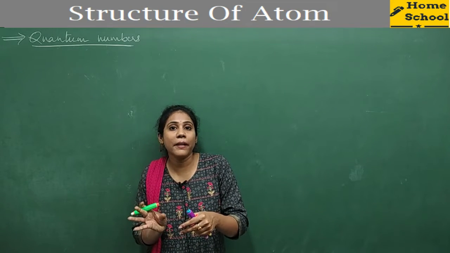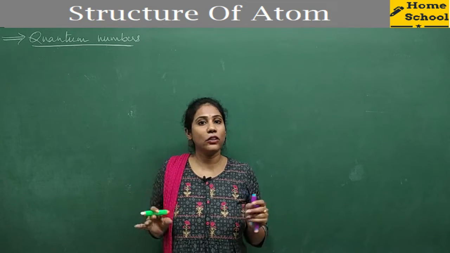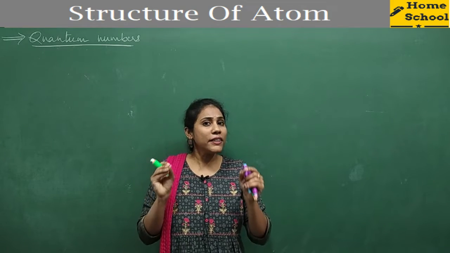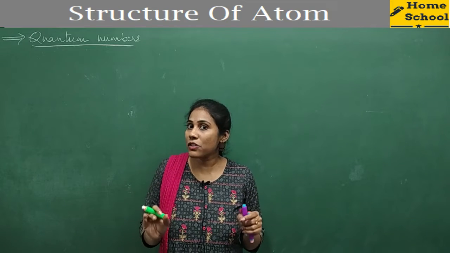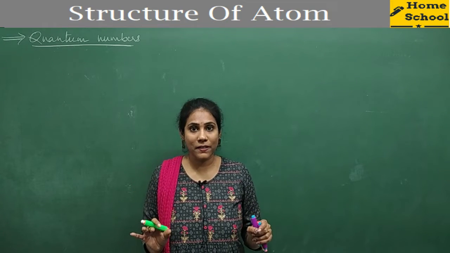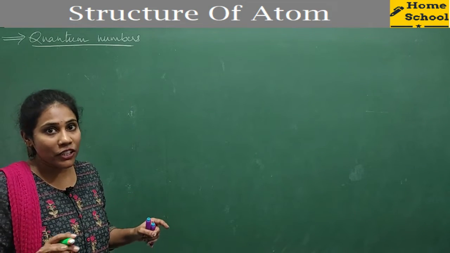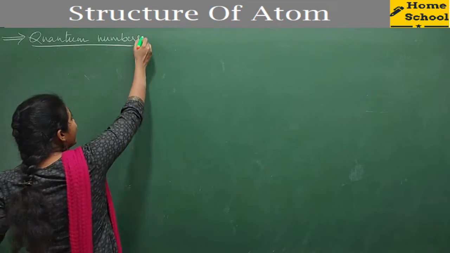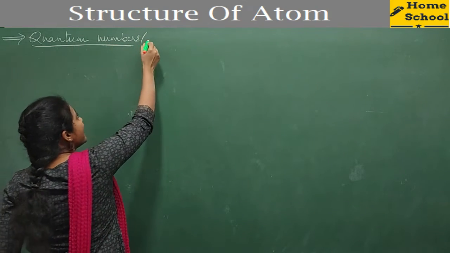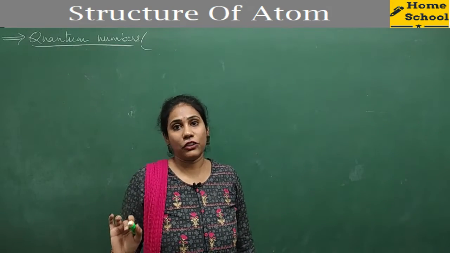That's how you find somebody's address. In a similar way, we are trying to find the address of a particular electron. This address is given by a set of numbers called quantum numbers. In short, in normal language, quantum numbers just indicate the address of an electron.